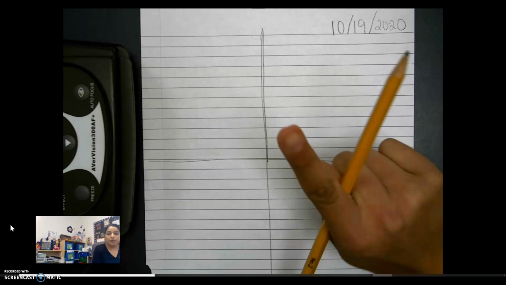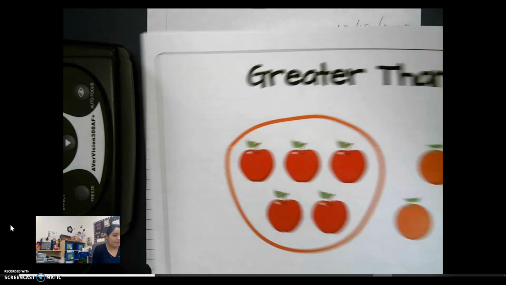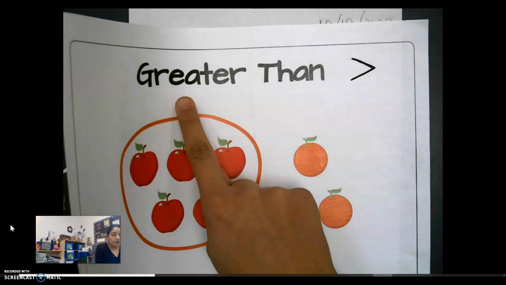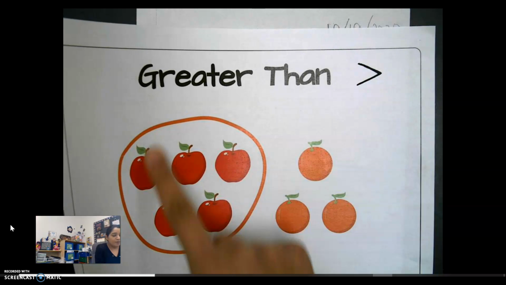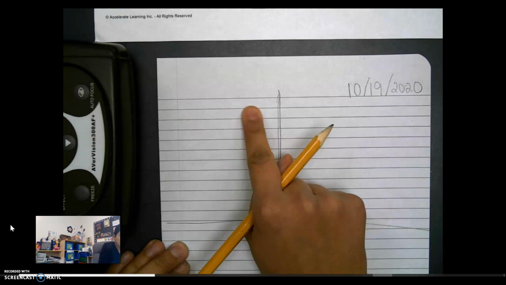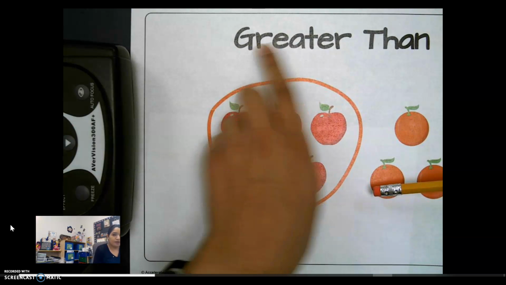Let's go ahead and do one together. I'm going to grab greater than. Greater than, let's look at the picture. We have the symbol greater than, and then we have the 5 apples and the 3 oranges. That is what I'm going to draw on my paper. First, we're going to write the name, the vocabulary word, which is greater than.